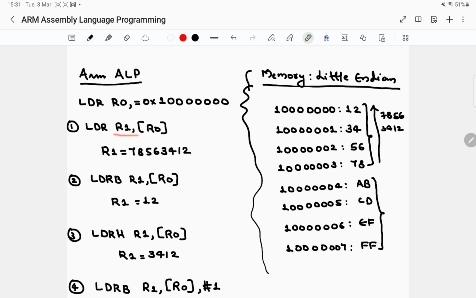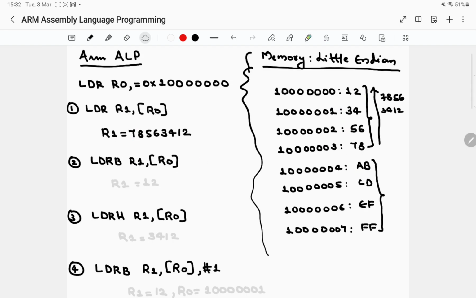The 4 bytes from memory will be loaded to R1, so it will be 78, 56, 34, 12. That is the answer.